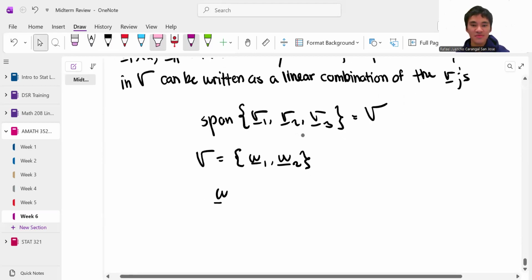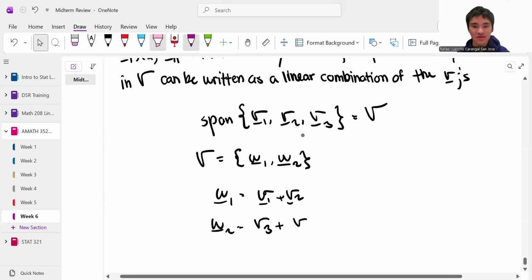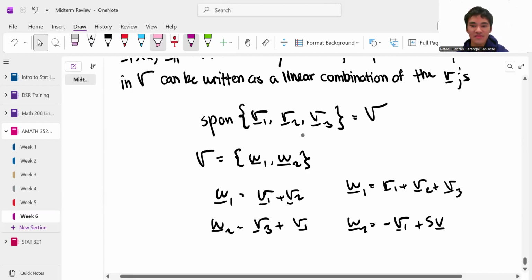So maybe w1 could be v1 plus v2. Then we know this works. Another idea, w2 could be written as v3 plus v1. Another idea, w1 could be written as v1, v2, v3. w2 could be written as negative v1 plus 5 v2 minus 100 v3. This is so random.